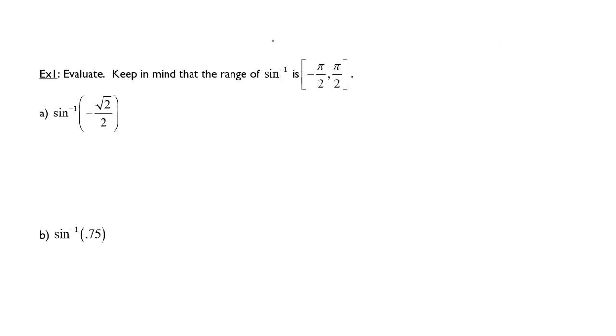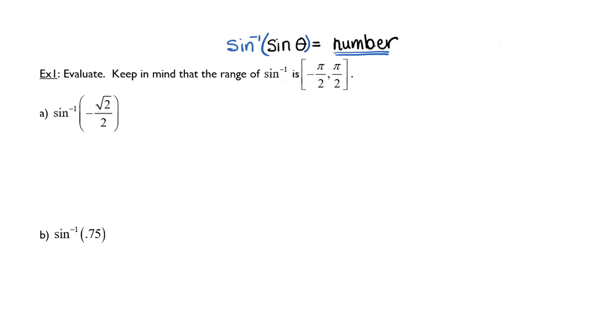The first one is, remember that sine of some angle, we'll call it theta, equals some number. We don't know what that number is, but let's say we want to find theta. Well, sine of theta is equal to that number. And so if we want to just get the theta isolated, remember we can impose sine inverse of sine of theta.